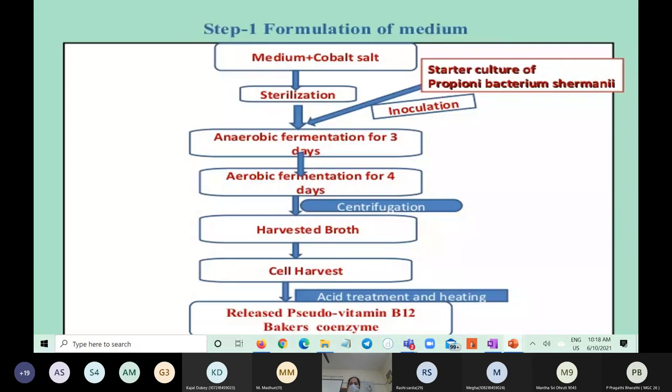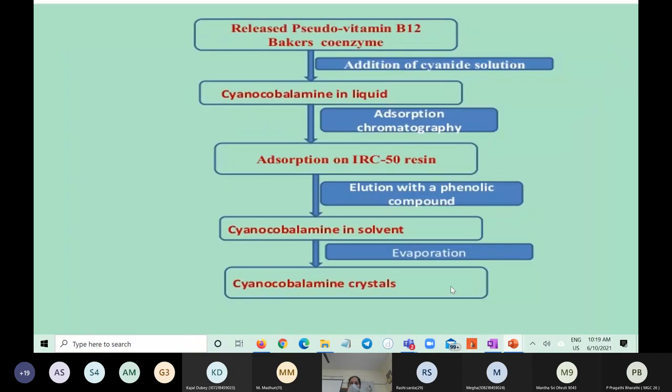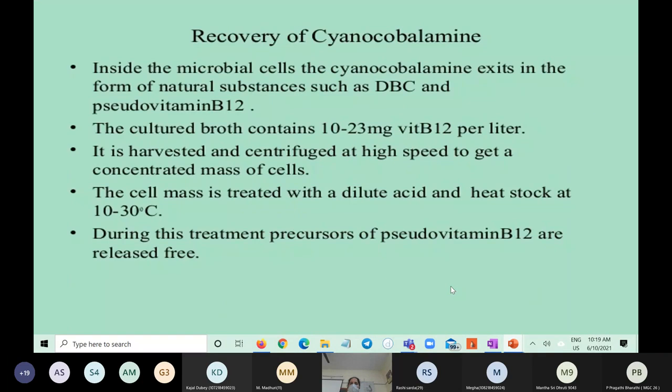This is a flow chart. Here you can see the medium plus cobalt, then sterilization, then inoculation with the bacteria, then anaerobic fermentation, then aerobic fermentation. Inside the microbial cell, the cyanocobalamin exists in the form of natural substances such as DBC and pseudovitamin B12.